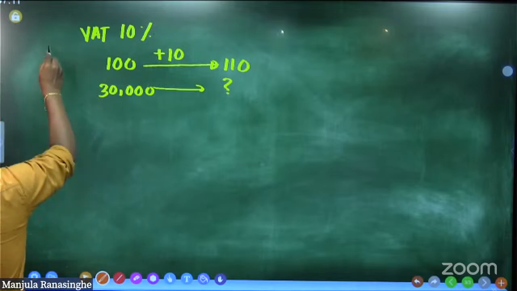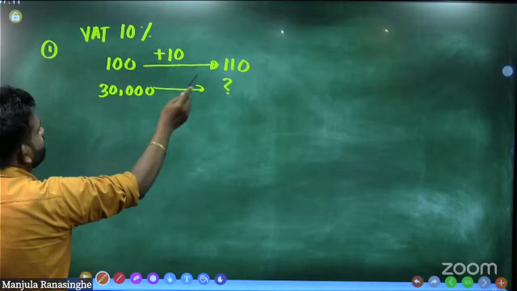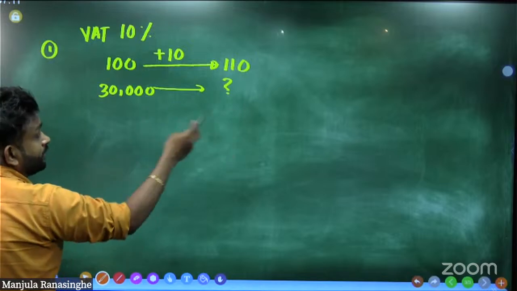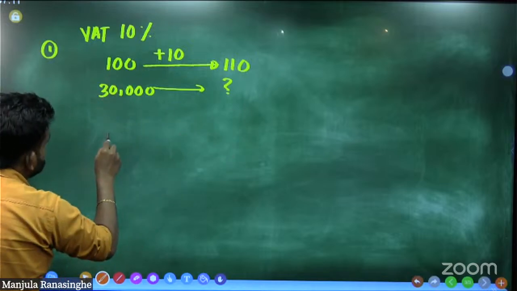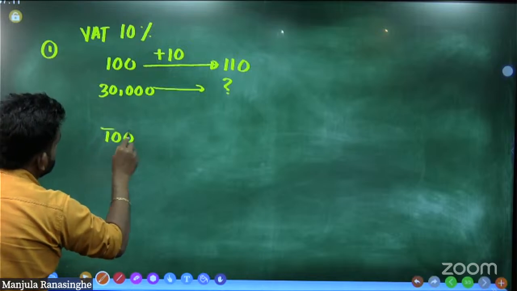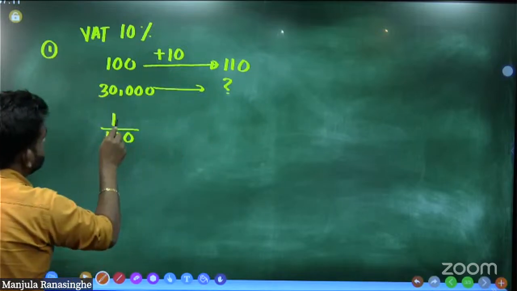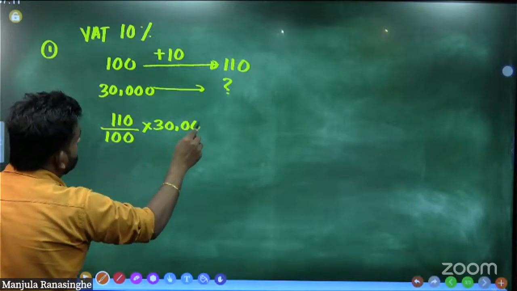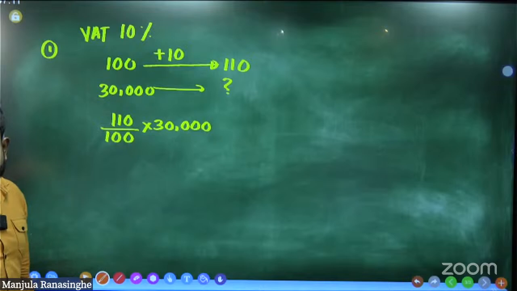We can think directly, without calculating VAT separately, to find the inclusive VAT price. How? With the definition: if the initial value is 100, the with-VAT price is 110. If the initial value is 30,000, how much is the with-VAT price?